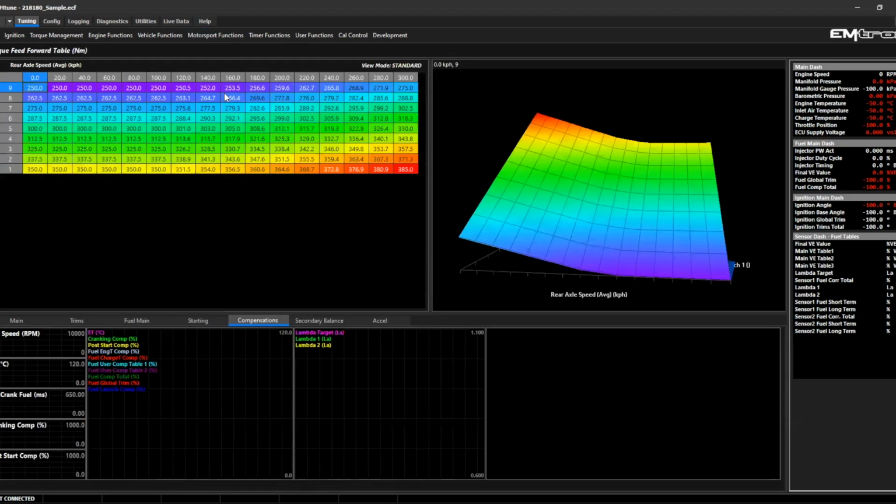This feed forward table is kind of the basis of the system. So in this example, we're correcting for rear axle speed. It looks like quite a very moderate correction.